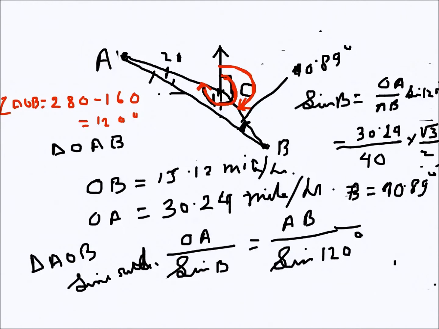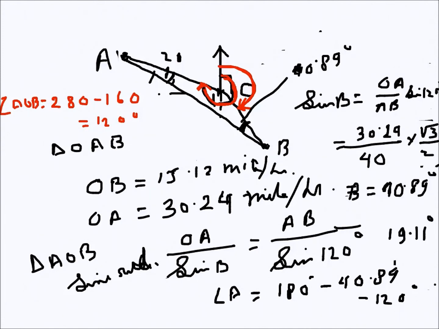So I can find this other angle from the triangle: 180 minus 40.89, because the sum of the angles in a triangle is 180 degrees and this one is 120. So if I do this, I will get angle A, which comes to about 19.11, because of this subtraction.